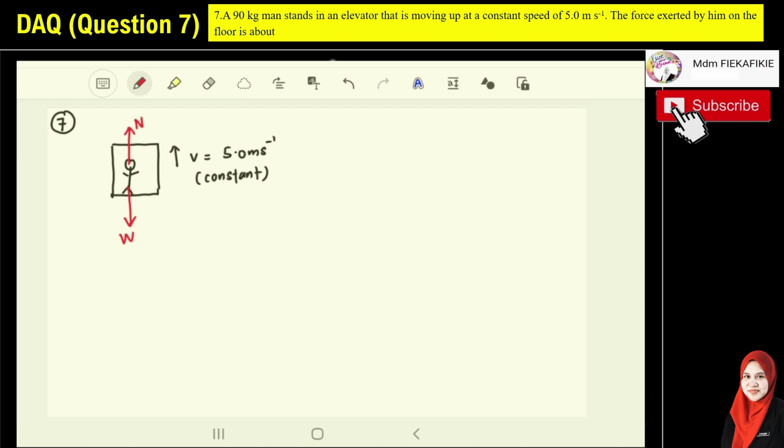The force exerted by the floor on him is the normal force. So now we want to calculate W, where W is equal to mg, m is equal to 90, and gravity is 9.81. So finally we got 882.9 Newton.